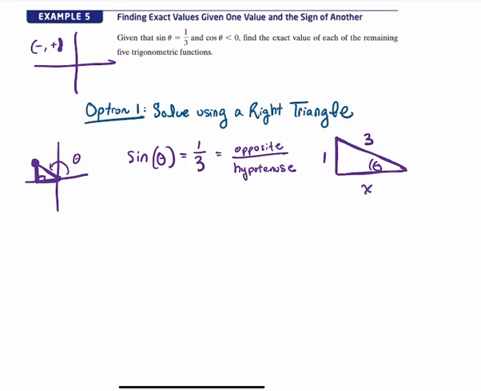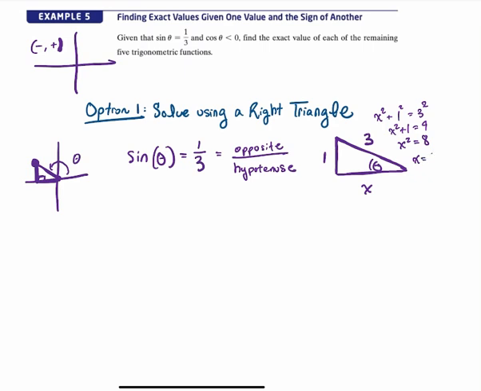Let's find it using the Pythagorean theorem. We can say x squared plus 1 squared equals 3 squared. So x squared plus 1 equals 9. Let's subtract the 1 over, x squared equals 8. And then I will take the square root of both sides.